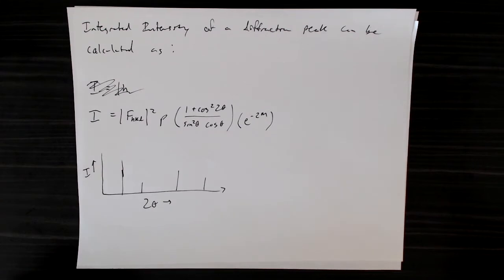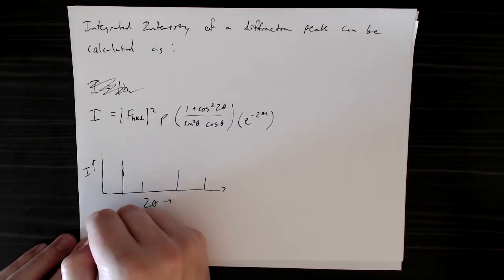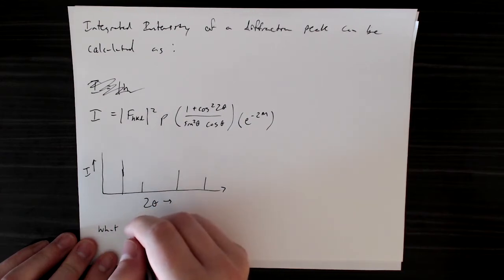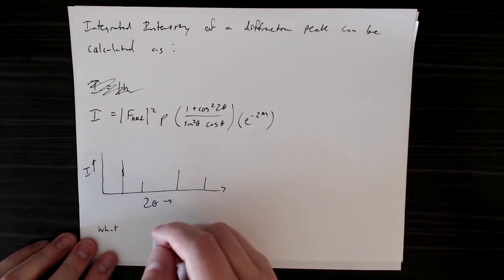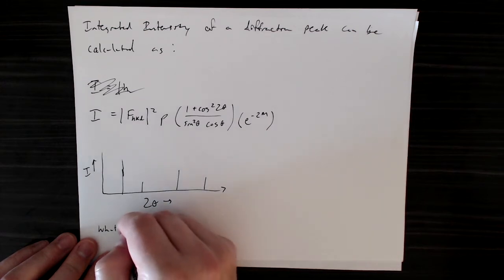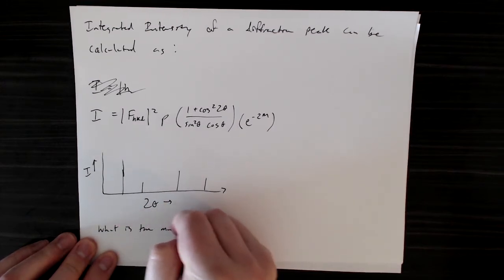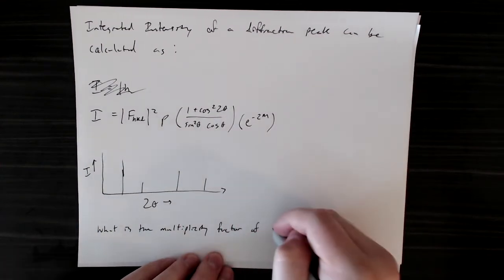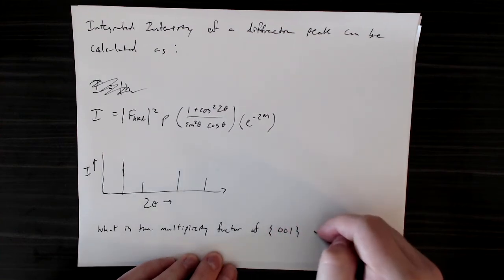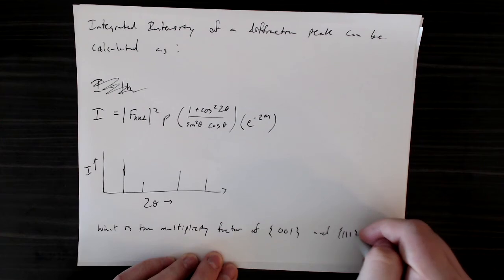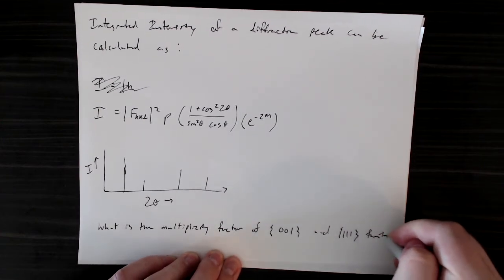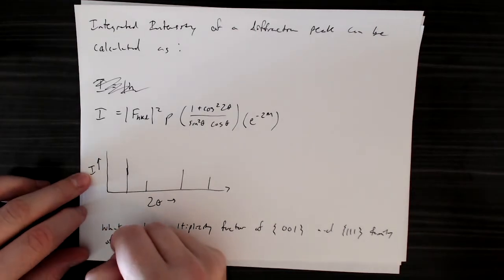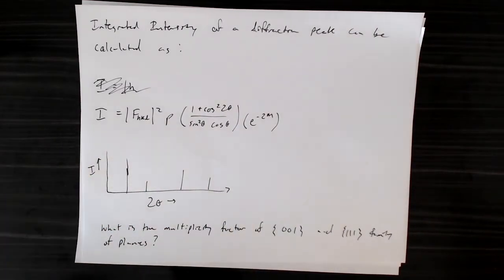All right, to wrap up this module, let's look at calculating one of these values just to get a sense for what they all are. Let's imagine that we're looking at a particular family of planes, and I want you to find the multiplicity factor for the 001 and the 111 family of planes in a cubic system.